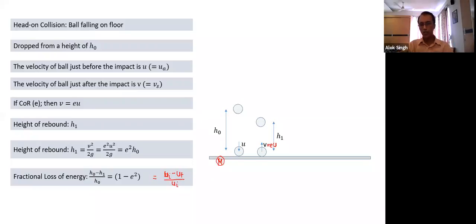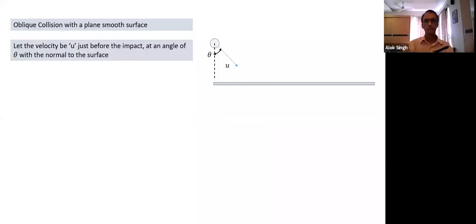I can calculate the fractional loss at this point or at this point. So what is the initial energy? mg h0. What is the final energy? mg h1. So very easily you can calculate the fractional loss of energy. These are very simple calculations.